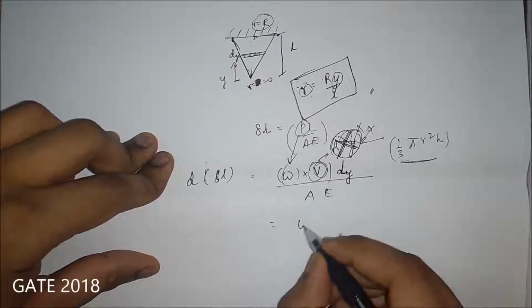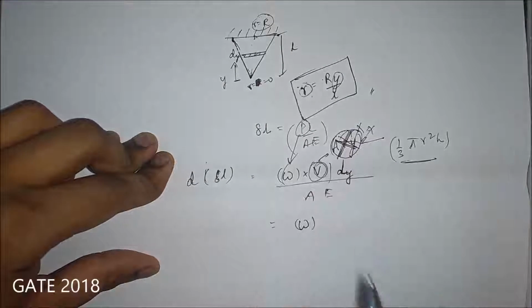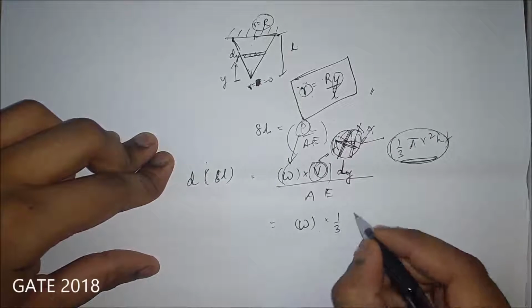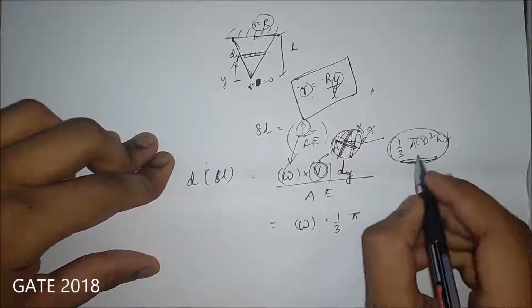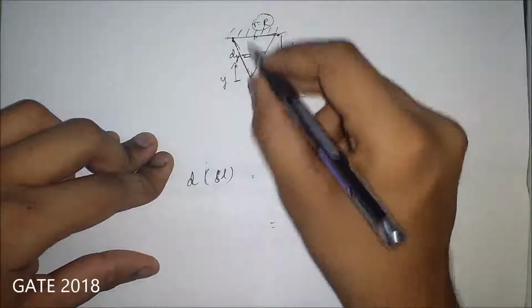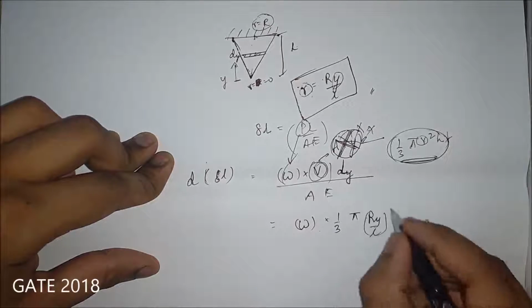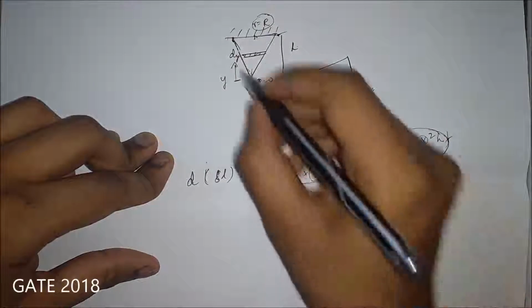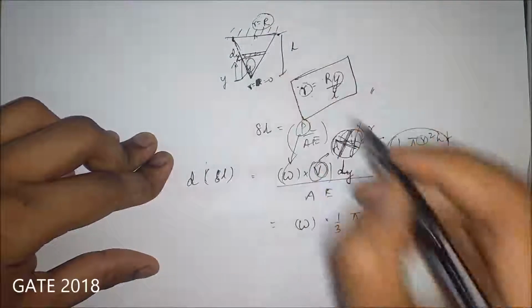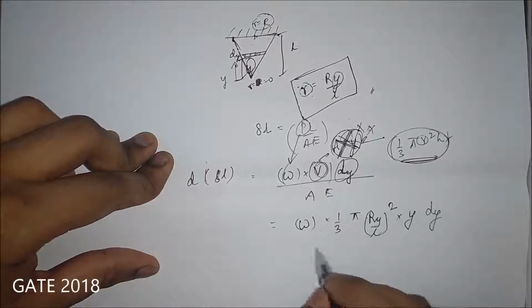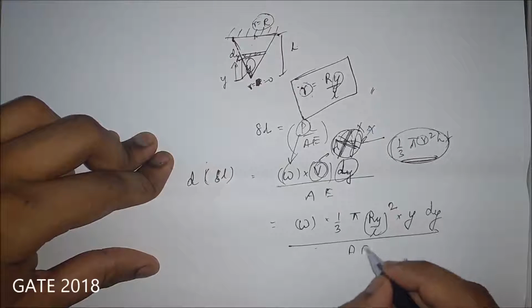In that case the concept will be the same, but the formula will slightly change. It will become 1 by 3 pi small r, which is a varying function of y. It will be small r, which is r y by L, whole squared, into h. h is the y distance, into dy by AE.